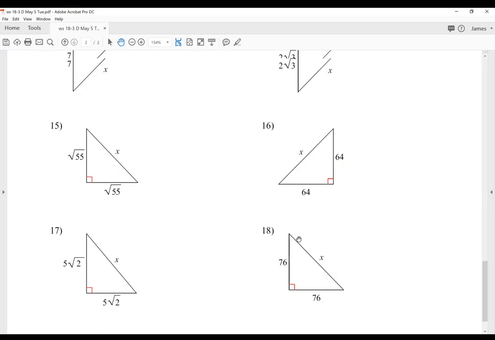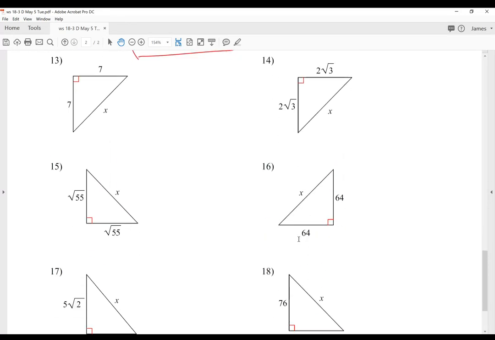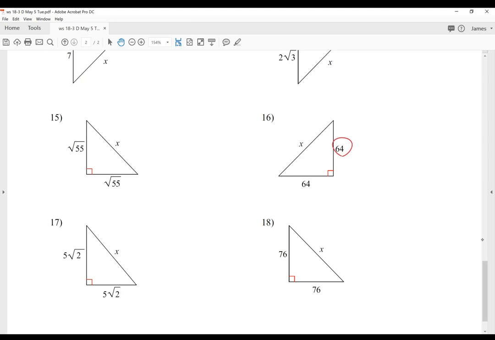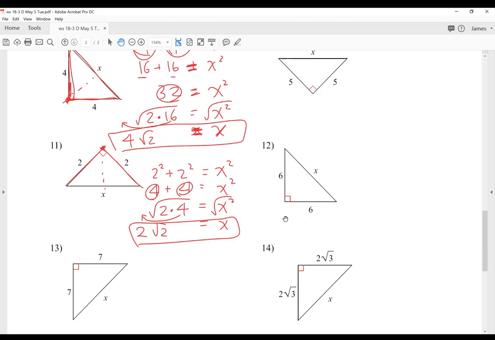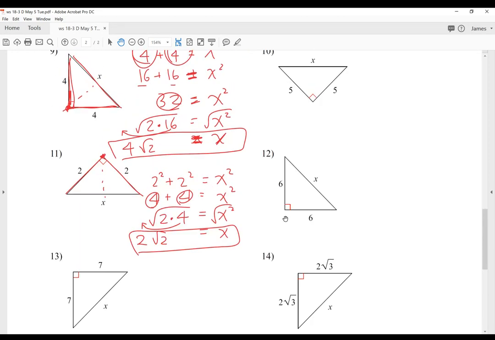If you get some big numbers, like number 16 is 64, yeah, you don't want to square root something like that, but that's why we want to notice the pattern right away. Okay, so 4 and 4 gives you 4 square root of 2, and 2 and 2 gives you 2 square root of 2.